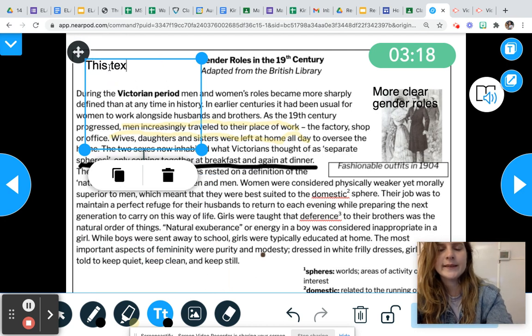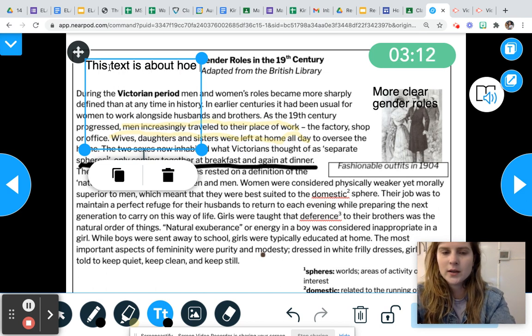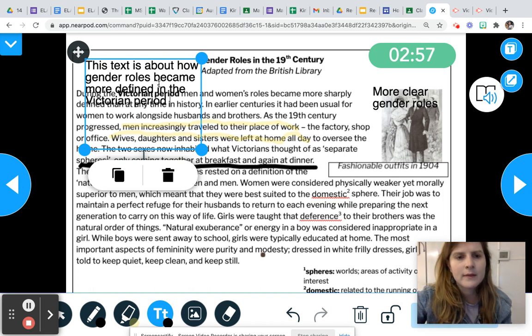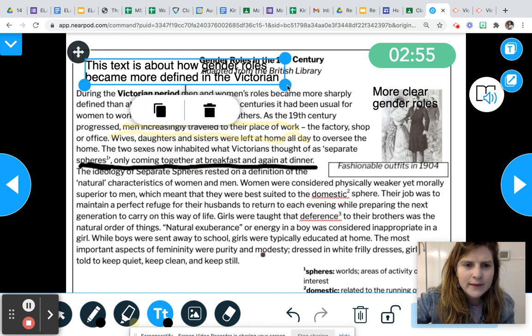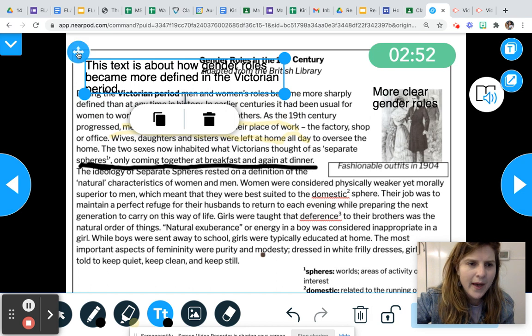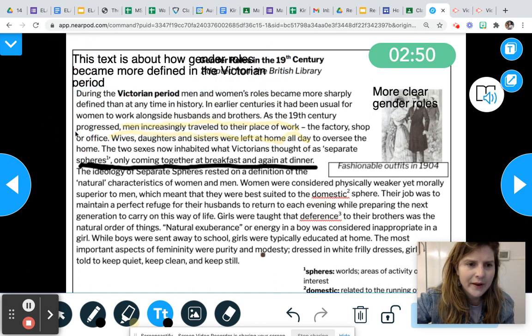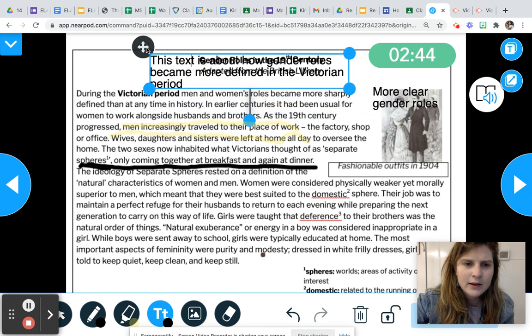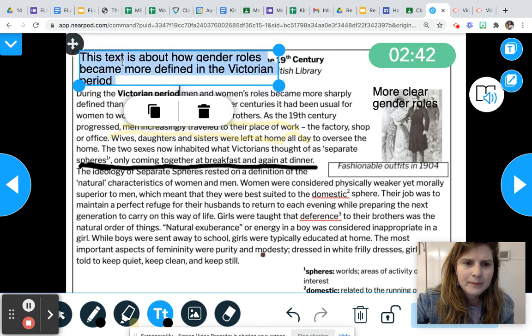This text is about how gender roles became more defined in the Victorian period. I'm going to write that up front so I know when I look back what paragraph 1 is mostly about. Cool. And let me do this so I can see it a teensy bit better.